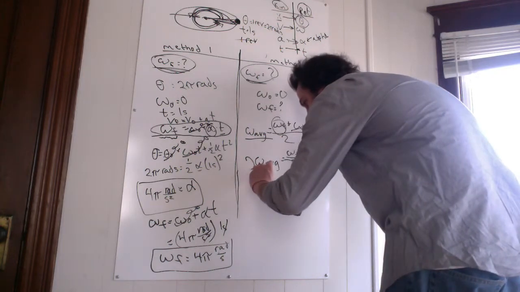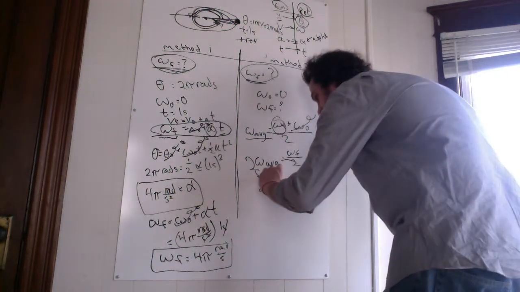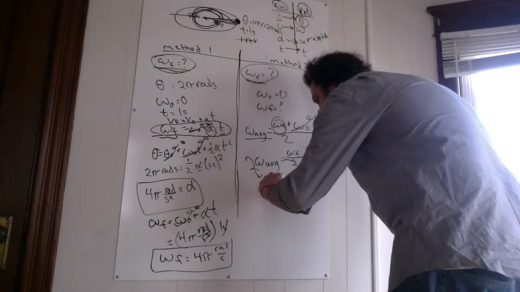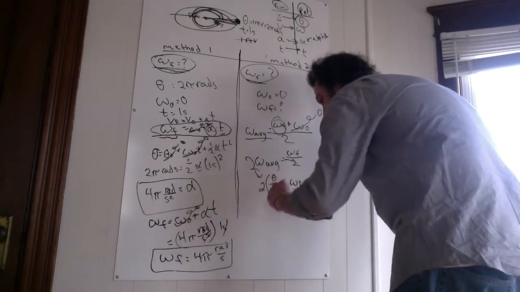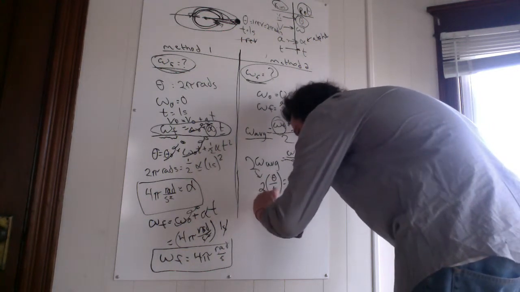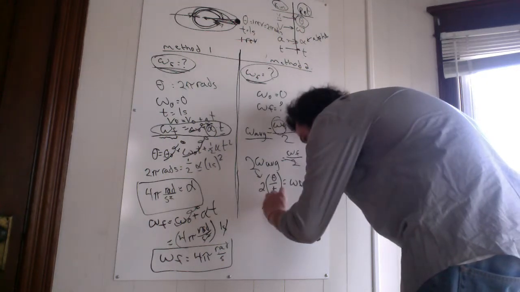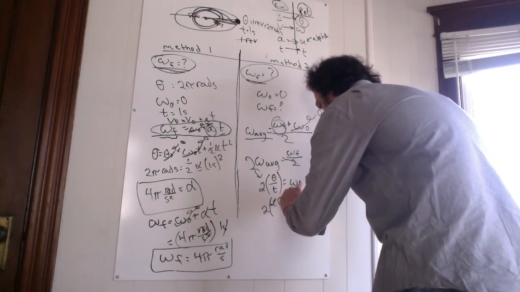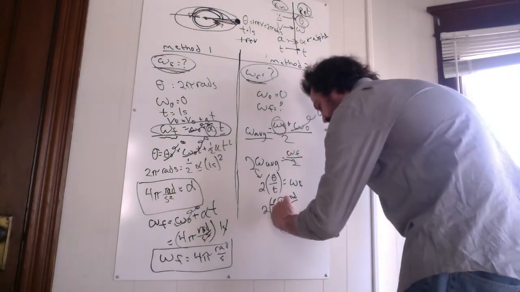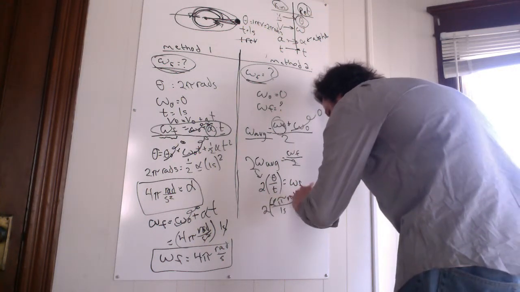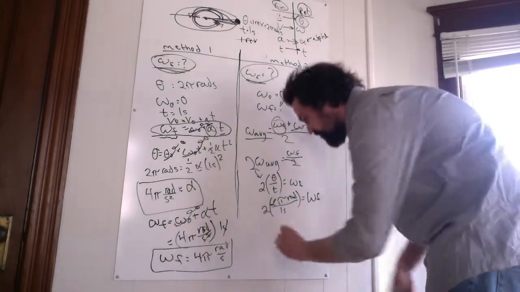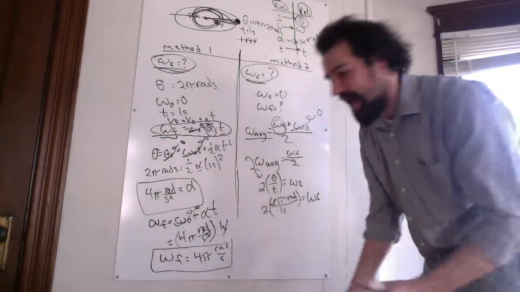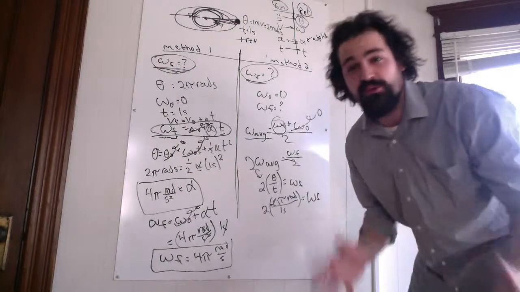So bring down our 2. 2 times the average, which is theta over t, equals the final angular velocity. 2 times 2 pi radians, which was our theta, over time, which was 1 second, equals omega f. So then you multiply through, and what do you get? 4 pi radians per second.